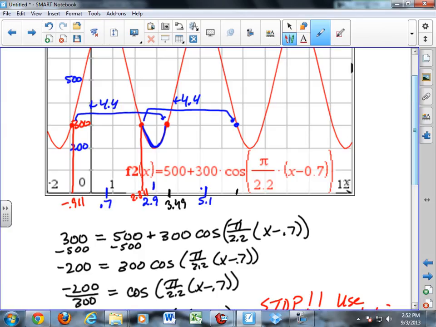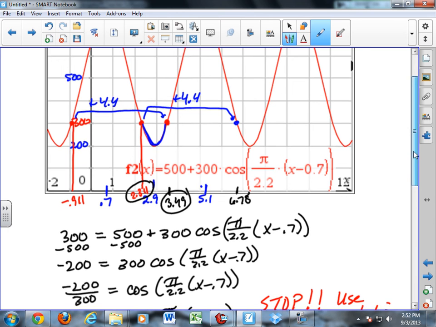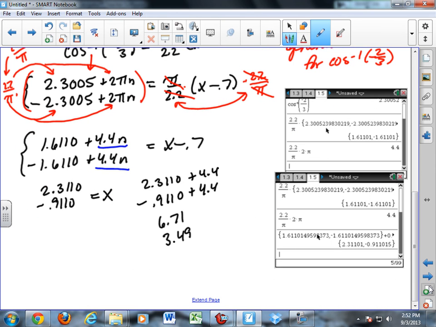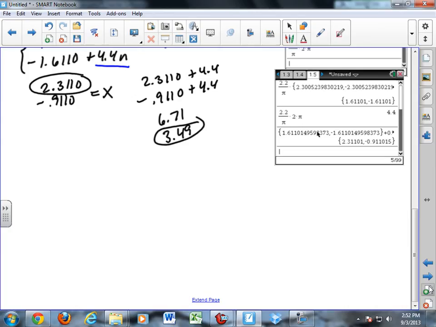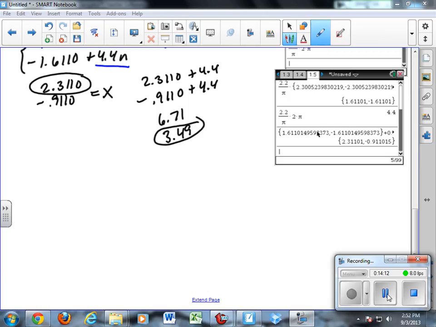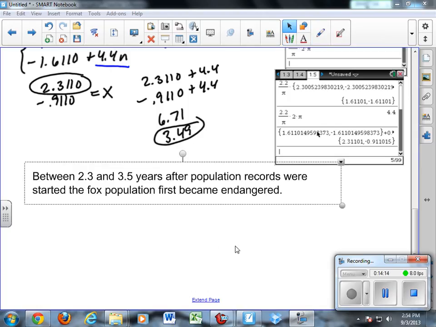Here's the 6.71. So my solution would be that between those two numbers would be the first time the fox population would be endangered, between this one and this one. So between 2.3 and 3.5 years after we first started recording, the fox population is in danger. So I will write that down. You might want to pause for a second while I type out that answer. Okay, there's our solution to the problem.